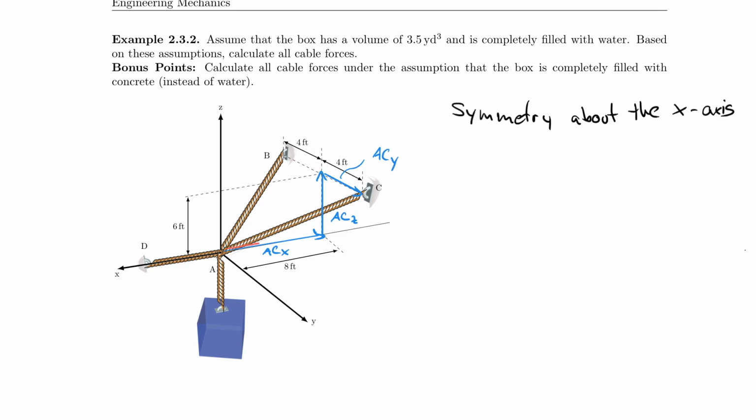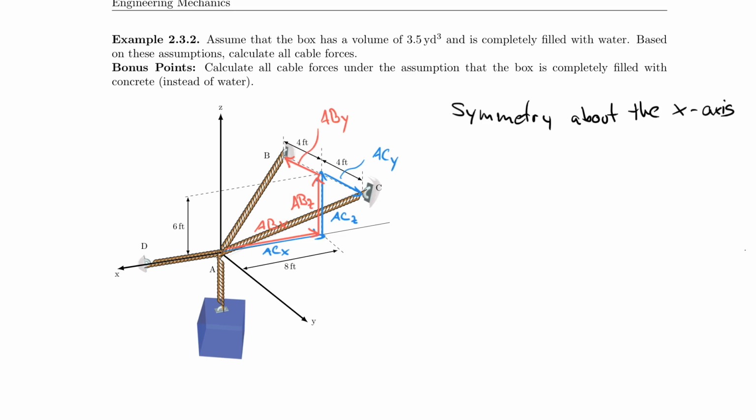Let's do that just for visualization purposes. So I have this component, this component, and the last component, which my ruler does not play along, but it's going in this direction, and this direction. So I can call this ABX, ABZ, and ABY.